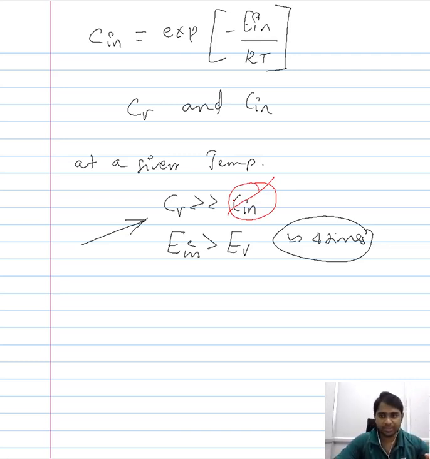Again, you have to remember here, we are talking about the influence of temperature on the point defects. We are talking about the stable concentration of vacancies at a given temperature. So under such condition, since the energy required for the formation of the interstitial atoms, or the self-interstitial atoms, is significantly higher than the energy required for the vacancies, and the concentration is dependent on the exponential relation, we have for a given temperature a significant amount of stable vacancies when compared to the interstitial atom.